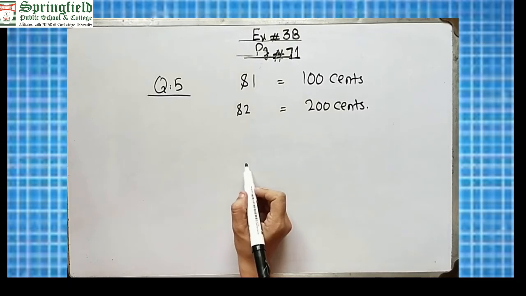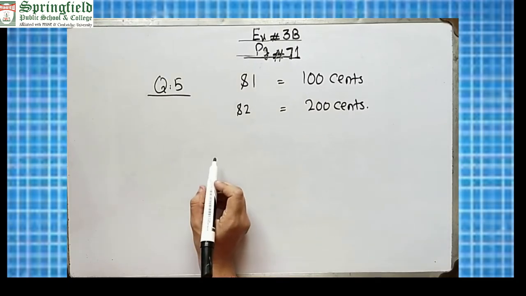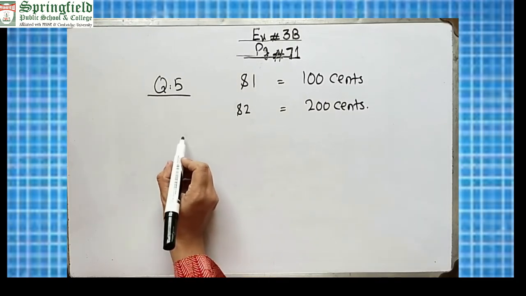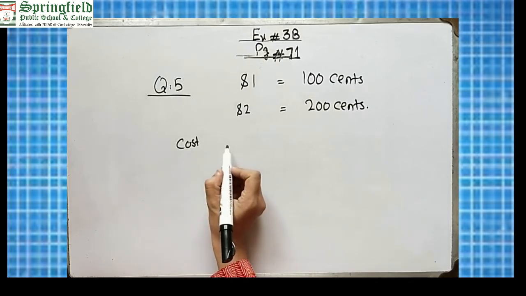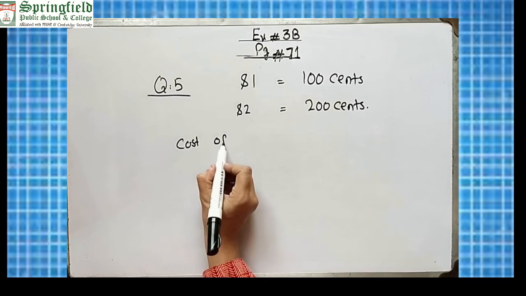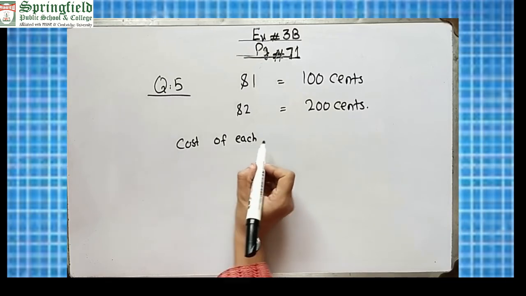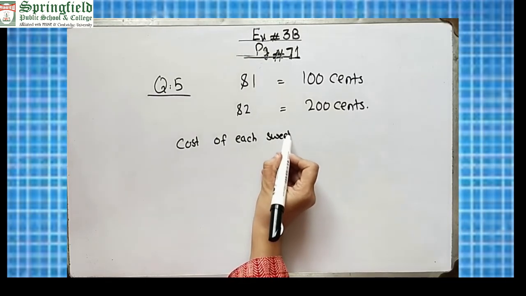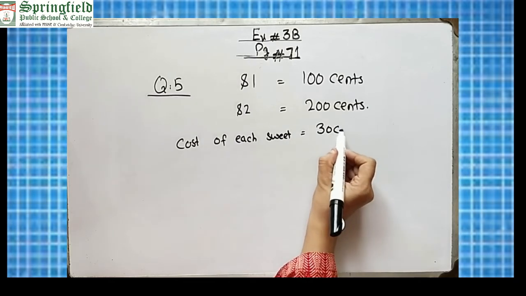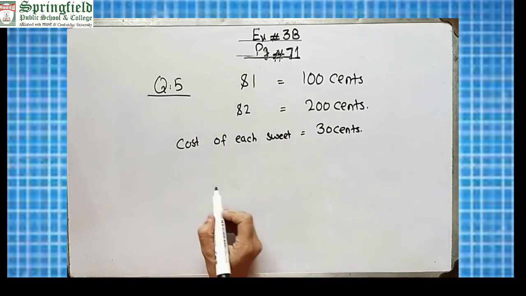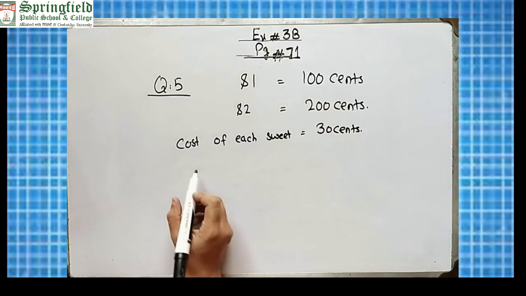So according to the statement, they are saying that the cost of each sweet is equal to 30 cents, then how many sweets will come in $2, it means 200 cents.